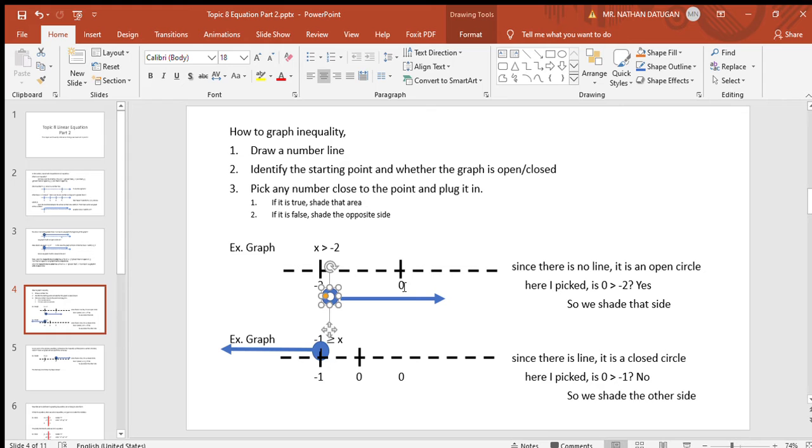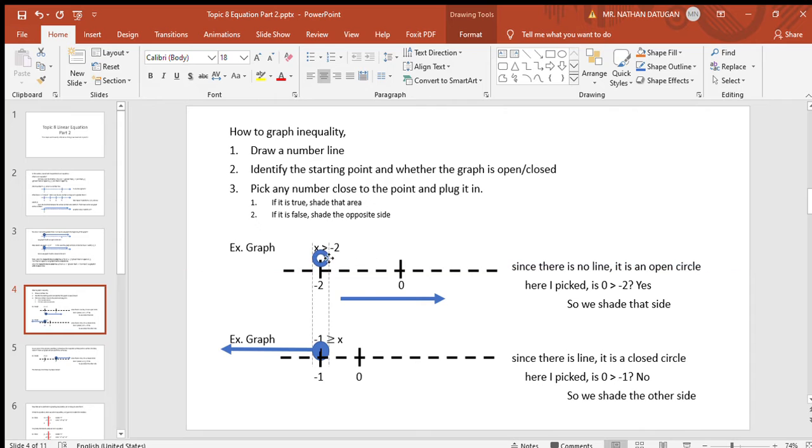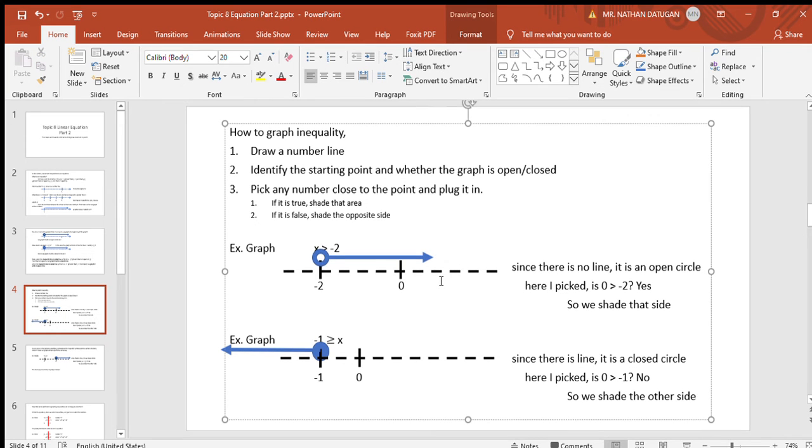In this case I chose 0 because it's easy. Is 0 greater than negative 2? Yes, that means the arrow points that way. We shade it this way. So that's basically how you do it.